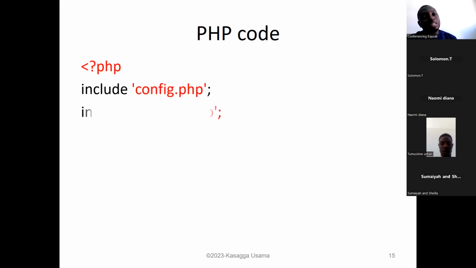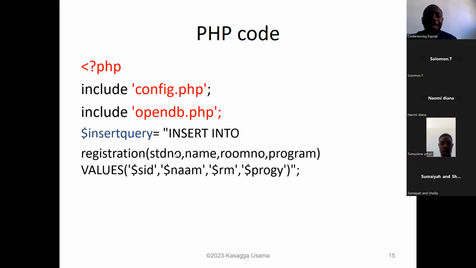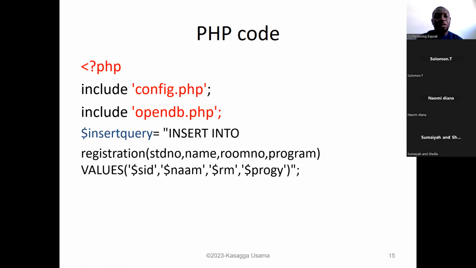Now, whatever I'm going to be displaying, it is something that we have already talked about. The code that you are going to write will be simply like that. And something to add here is this insert query. You can call it any name here. You may even declare a variable called add equals to insert into.